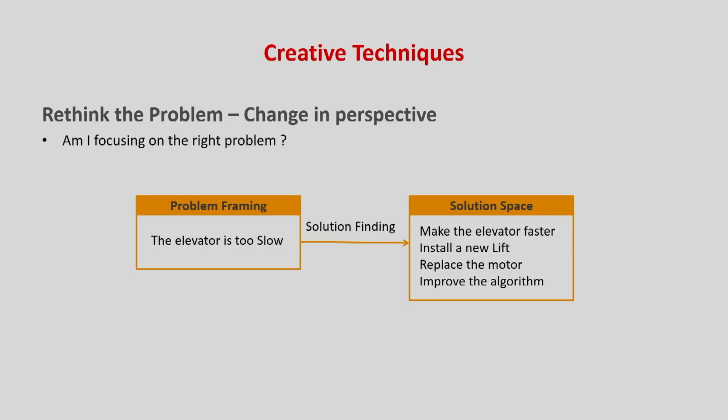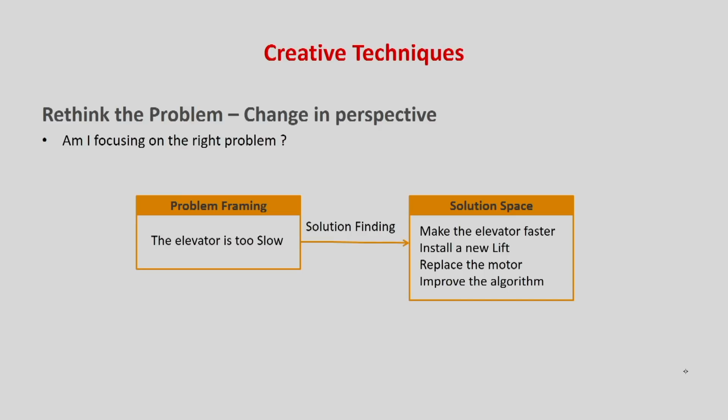So, the first technique that we have discussed today tells us to work with forced constraints. I am sure with the examples that I have given, you have got a glimpse of what forced constraints talk about. We will now move on to the next technique, which talks about rethinking the problem, a change in perspective.